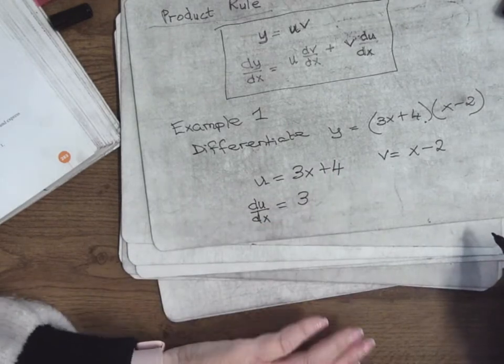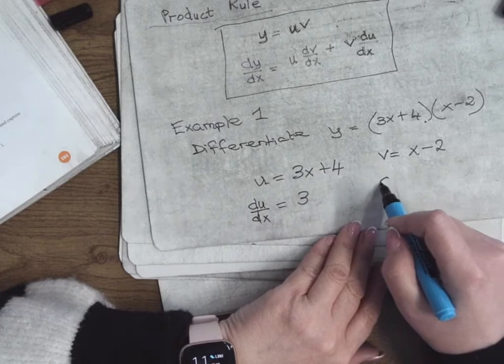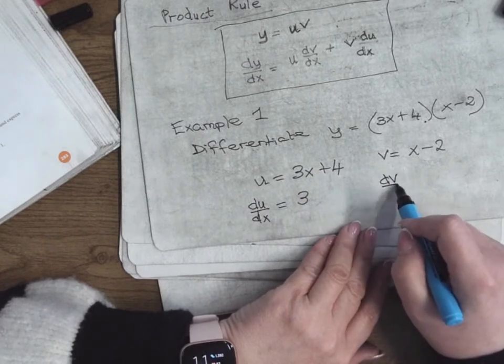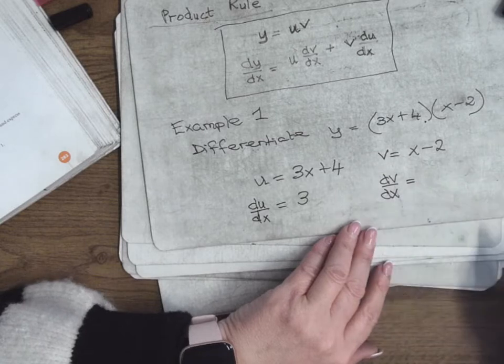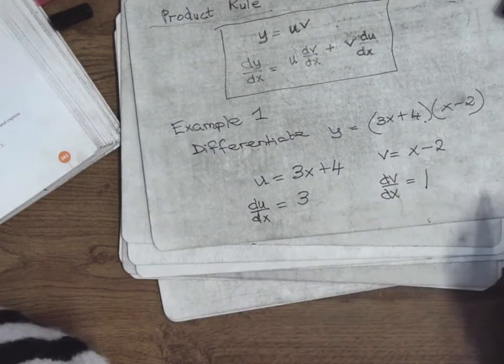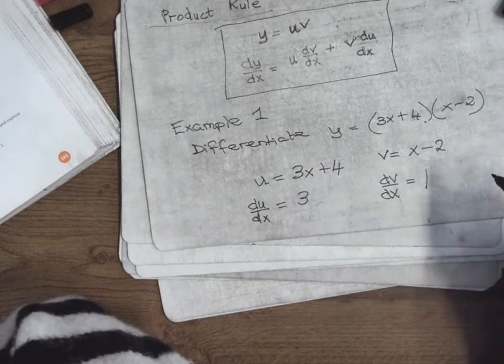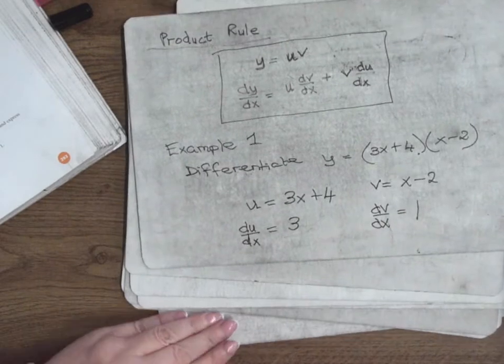Differentiate 4, you get nothing. Okay? Differentiate over here, call it dv dx. And when I get dv dx, what's the answer? 1, isn't it? Differentiate x, you get 1, because it's 1x. Differentiate minus 2 and you get nothing.